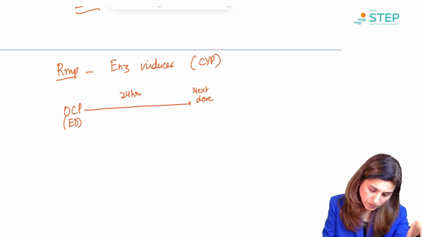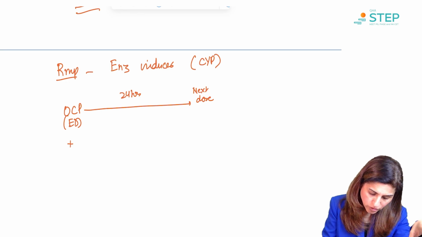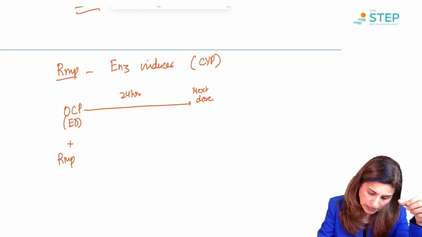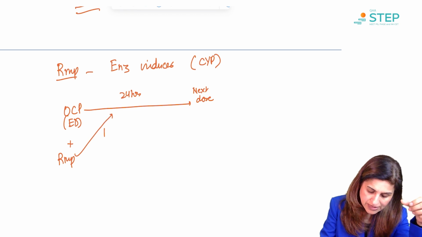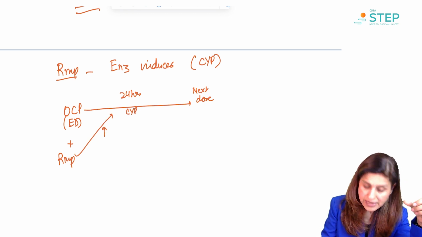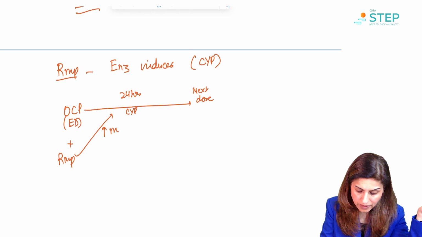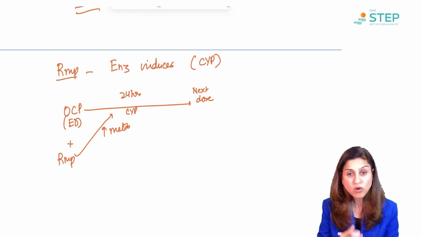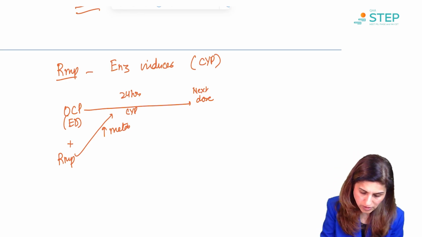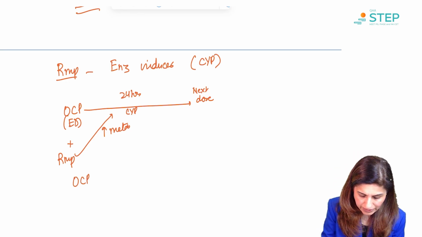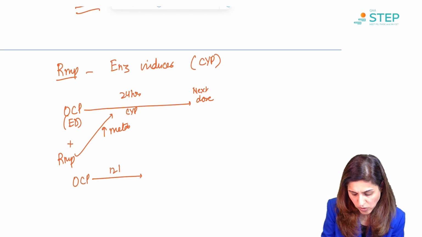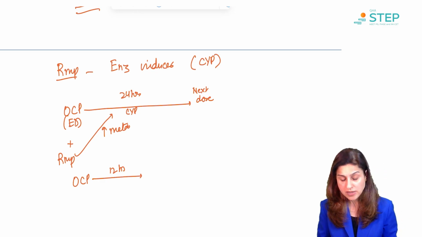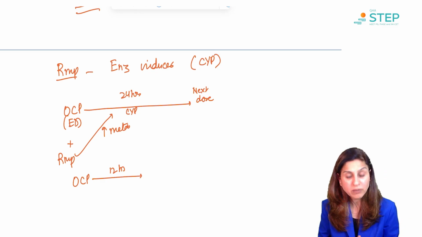Now she has tuberculosis, and the doctor adds on rifampicin. What is rifampicin doing now? It is inducing the metabolism, because the CYP enzyme is involved here. So OCPs are now getting metabolized faster, let's say in only 12 hours. What happens if it is getting metabolized in 12 hours?